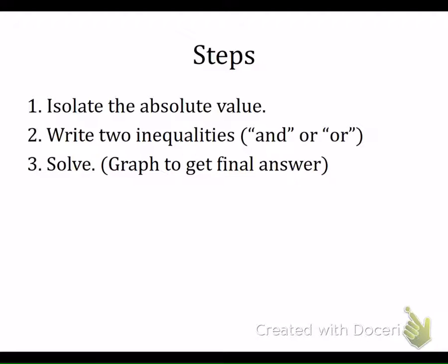Then we write 2 inequalities. You have to decide if it's an and or an or. And we write the 2 inequalities very similarly to how we wrote the 2 equations when we did absolute values last chapter. So you have a positive one, and a negative one, okay? And then we solve them, and we graph the final answer.